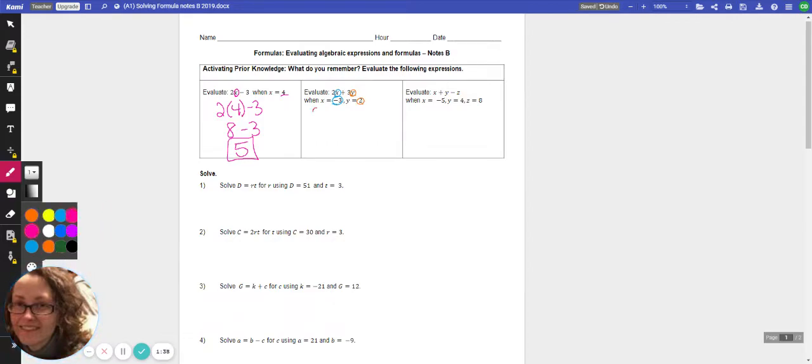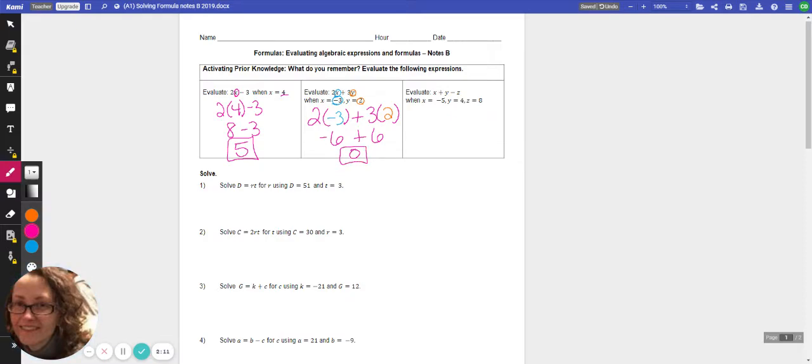So that is going to look like this. Substituting in my x, I'm plugging in a negative 3. And when I substitute in for my y, I get a 2 in there. So then I have 2 times negative 3 is negative 6, plus 6, and negative 6 plus 6 is 0.